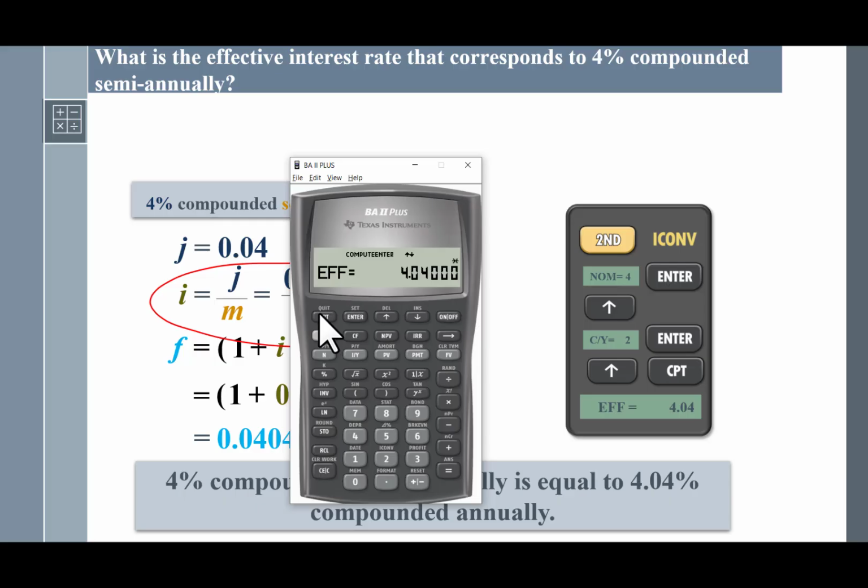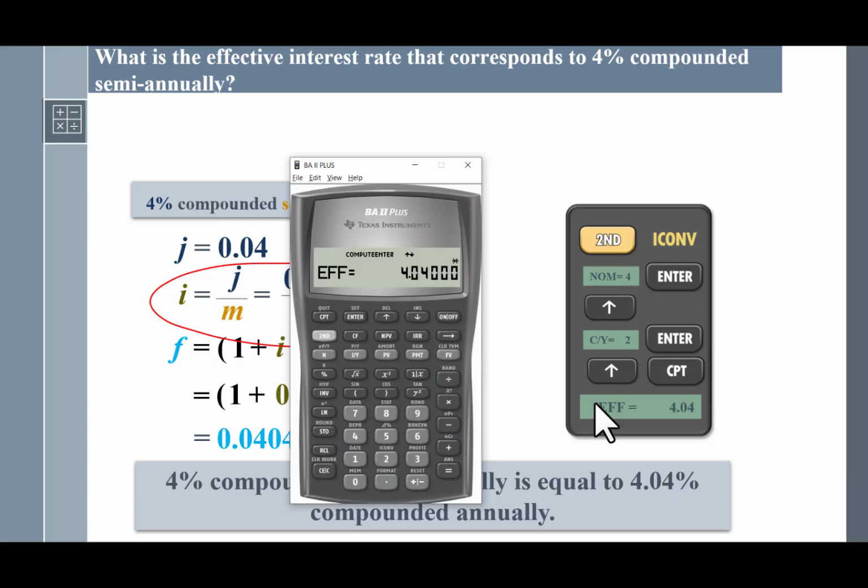Calculate the effective. The same idea, if you're given the effective and say what nominal interest rate is equivalent to it compounded monthly or semi-annual, whatever, leave the nominal empty, enter CY and effective, and CPT nominal.